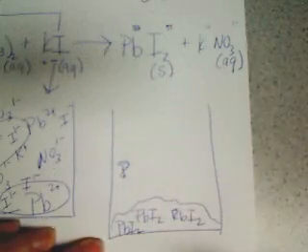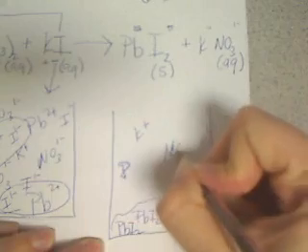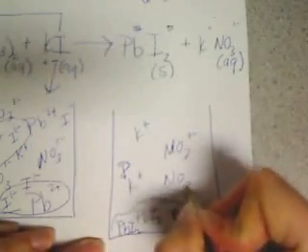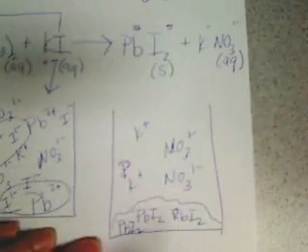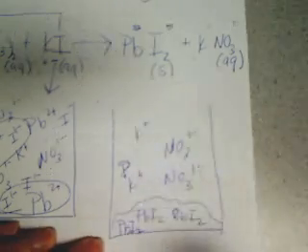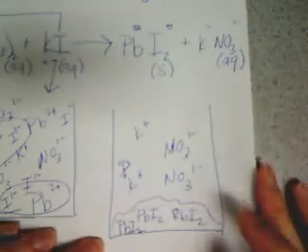This is everything that's still soluble, so it's still dissolved in water, so you can't see it. So this is your K+ and your NO3−. These ions are still floating around in the solution. Okay, so that's what's actually going on in the solution. So your solid forms from these, and we're left with these ions in the solution.